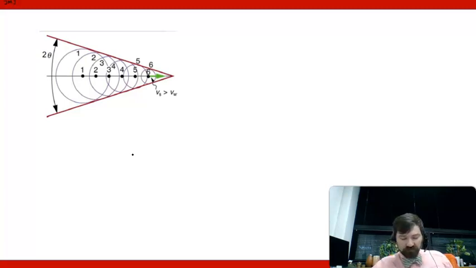And the thing is that you have sort of this cone that's made. In 2 dimensions it looks like an angle or a triangle, and this is essentially your Mach cone. This angle right here, 2 theta, or more appropriately theta, is called the Mach angle.